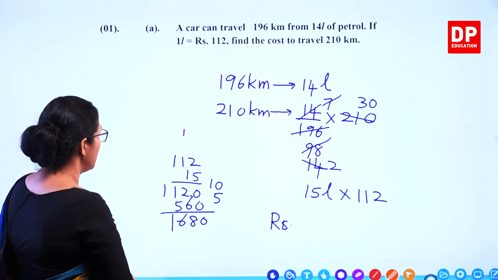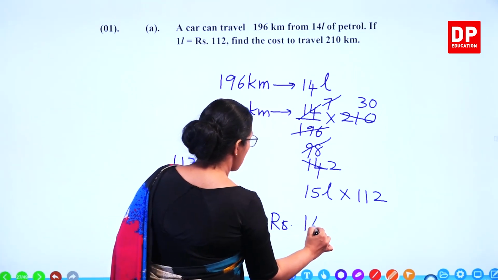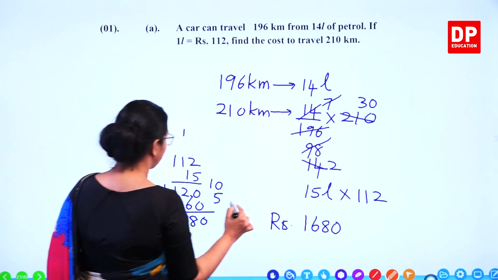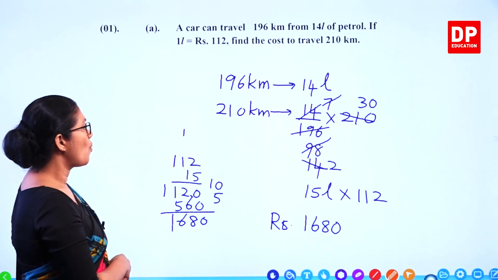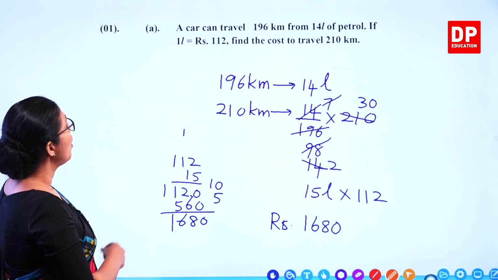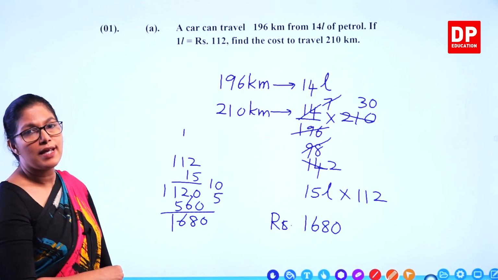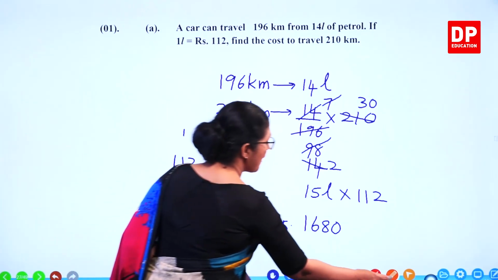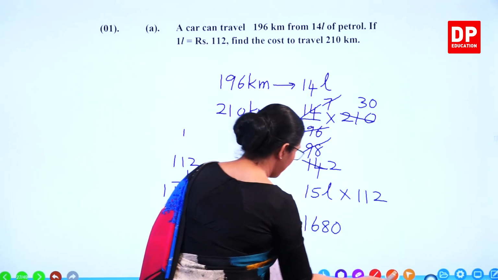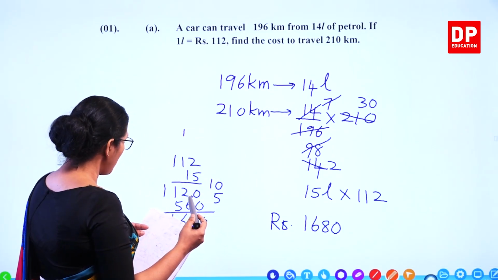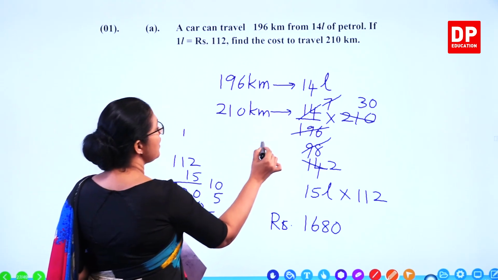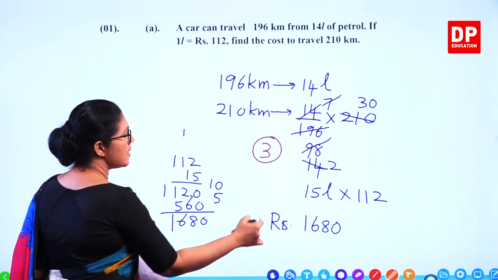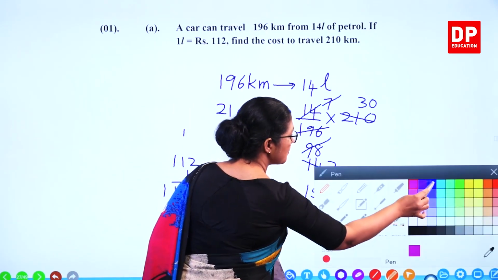That's 1680 rupees is the total cost for 210 kilometers. So how many marks for this step? You are getting 3 marks for the whole thing. So 3 marks for finding the total cost.